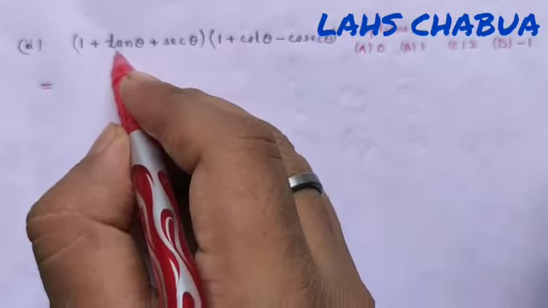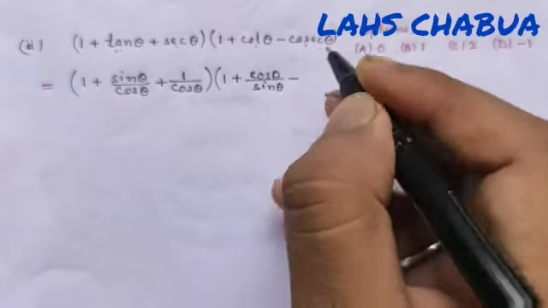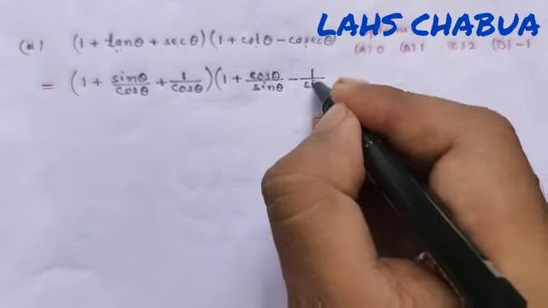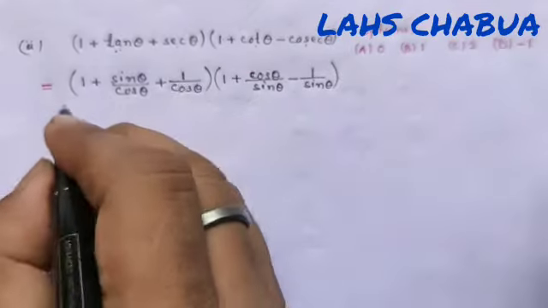So see, write 1 as it is. In place of tan, as you know, tan theta is equal to sin theta by cos theta. And in place of sec theta, sec is the reciprocal of cos, so we can write 1 by cos theta. In the next bracket write 1, and in place of cot theta, as you know, cot theta is equal to cos theta by sin theta, and cosec theta is the reciprocal of sin theta.